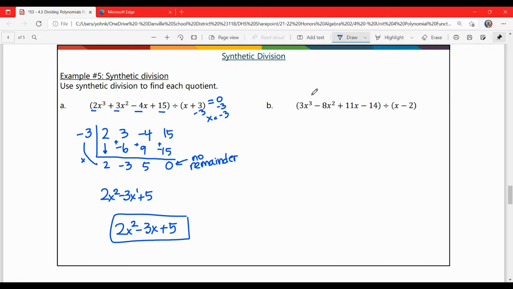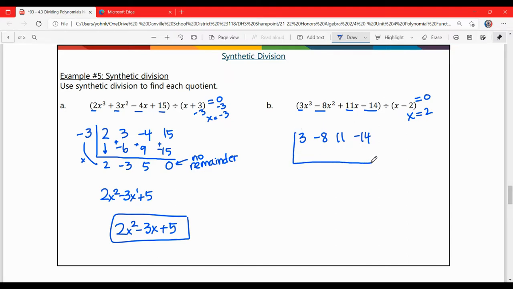Okay, if we take a look at letter B, 3x cubed minus 8x squared plus 11 minus 14, and we're dividing by x minus 2. If I set that equal to 0, that means my x value is 2. So I'm going to grab my coefficients, 3, -8, 11, and -14, making sure that I have cubic, squared, first power, and no variable.